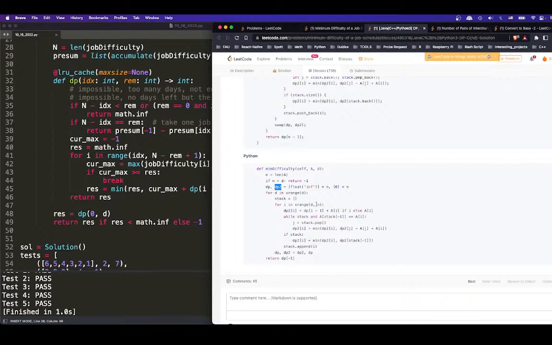So I say when I pop this, then let's say on the jth job, we have the current day on the jth job. Let's say if we had the current day, we did the jth job, the minimum difficulty is this.